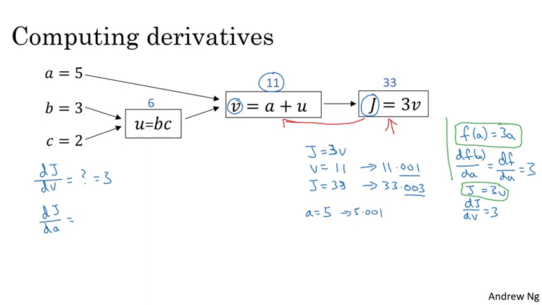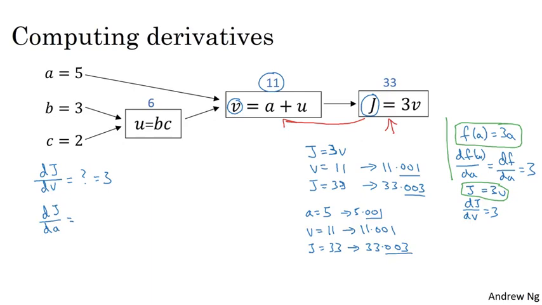The net impact of that is that v, which was a plus u, previously 11, would get increased to 11.001. And then we've already seen as above that j now gets bumped up to 33.003. So what we're seeing is that if you increase a by 0.001, j increases by 0.003.